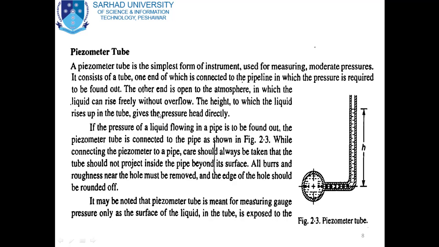In its simplest form it consists of a small tube whose one end is connected to the pipe while the other end is open to the atmosphere, in which the liquid can rise freely without overflow.